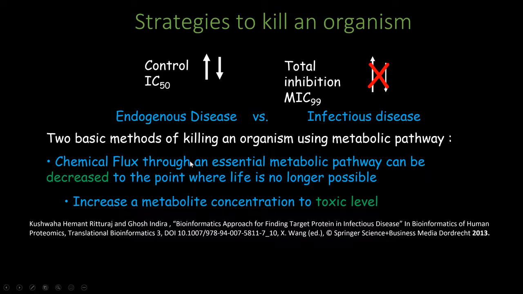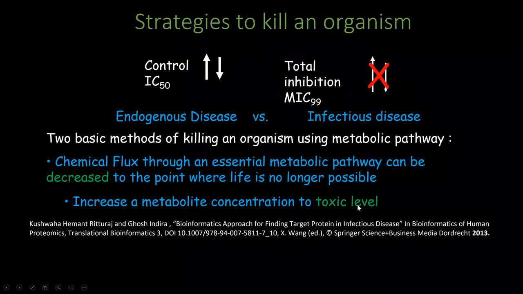Another thing you can do, and I will not go into this either, but we did suggest a method by which you can actually do this. That is, I'll come to how you increase the toxic level, because you are stopping the enzyme through inhibition. So your substrate is becoming higher and higher in concentration because the previous reaction is happening in vivo. In a test tube, it does not, but in vivo it happens.